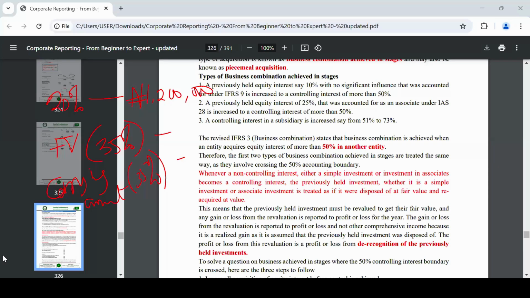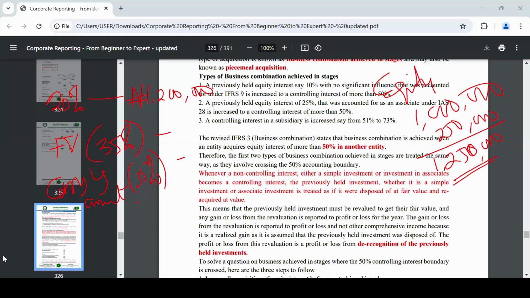Say the historical cost of your investment was 1 million. Remember equity accounting for associate investment: if your share of profit up until that time was 250,000, the carrying amount of this associate investment is now 1,250,000, after the day I acquired additional shares.